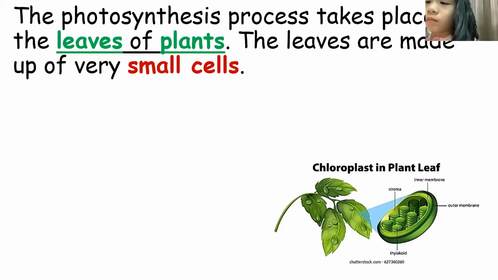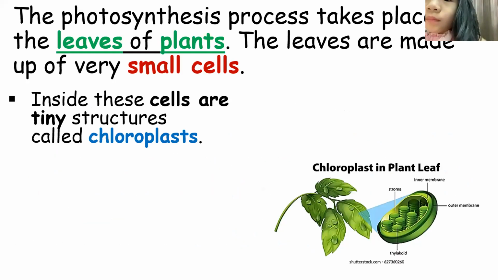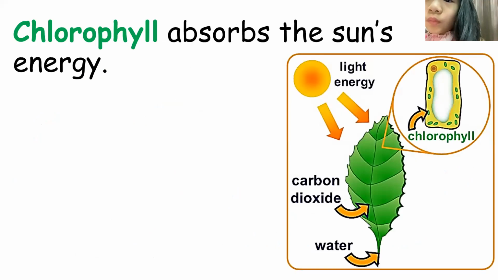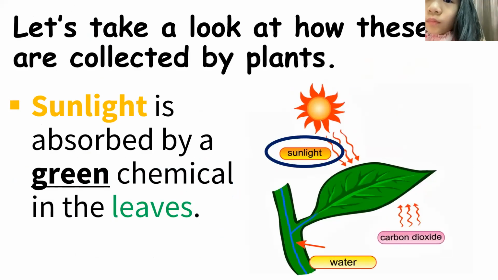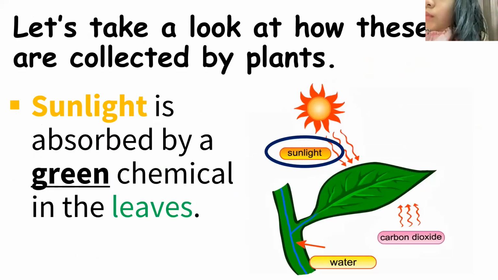The process will start, kids, and you can see that the plants can make their own food. That is the process of photosynthesis. All right, so what is number one?